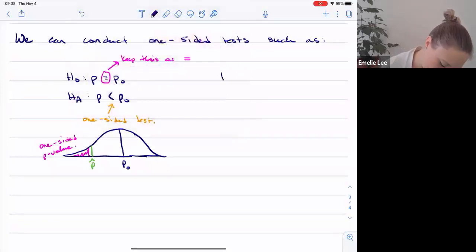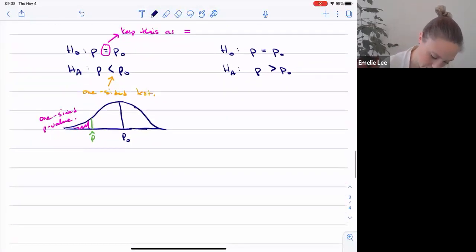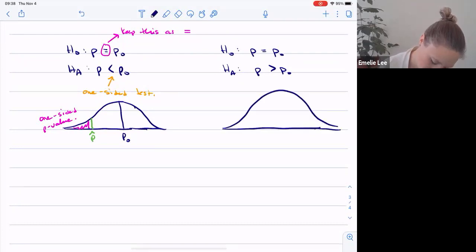Or we could have the other side, where H naught is P equal to P naught and HA is P greater than P naught. So again, it's a one-sided test. We have P naught, and this is the one-sided p-value.